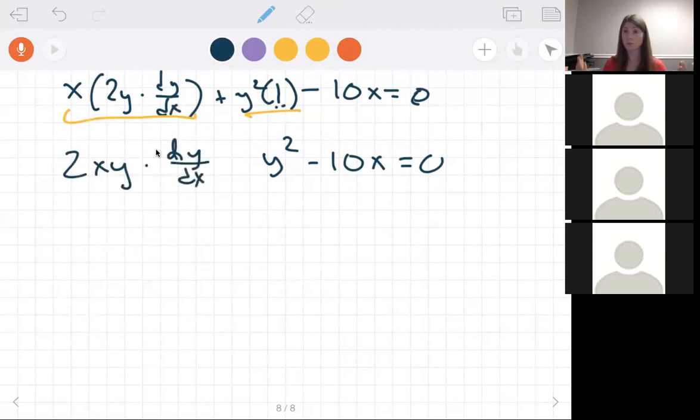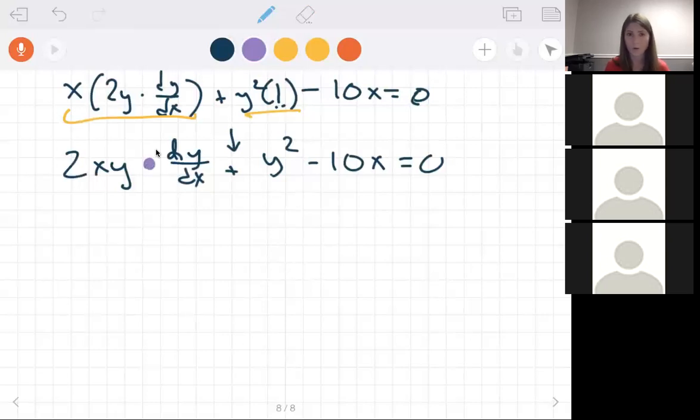So think about when you have a string of multiplication, you can reorder those multipliers and the problem is unchanged. Now, be careful here. You don't have a multiplication here, you have an addition.